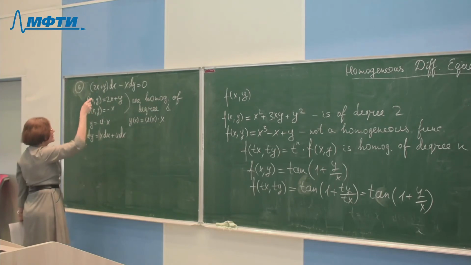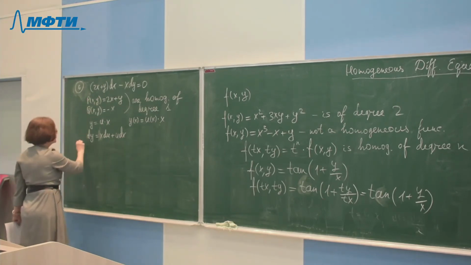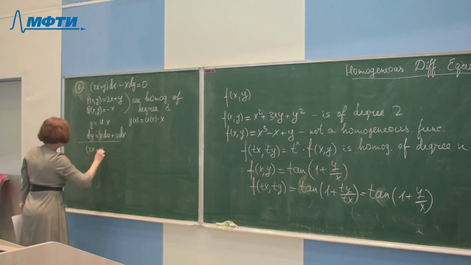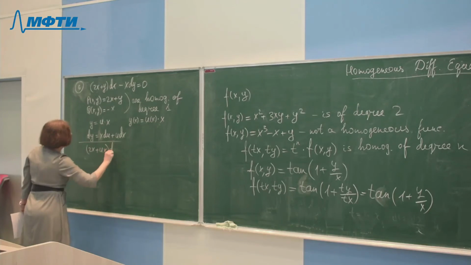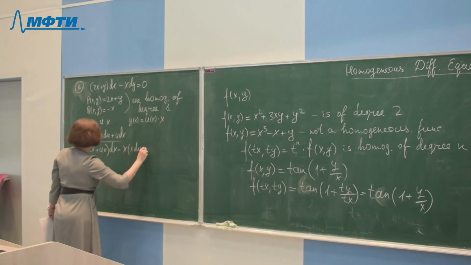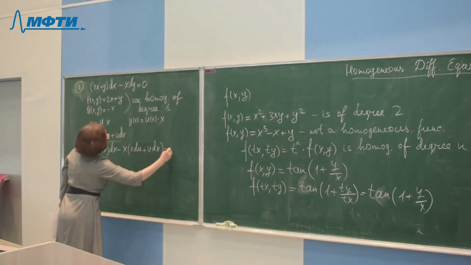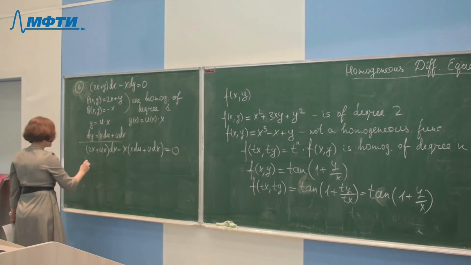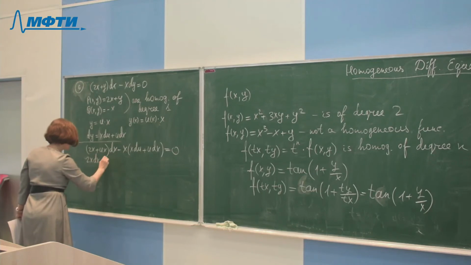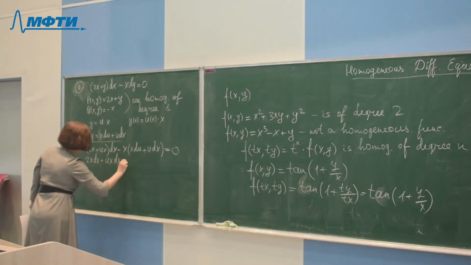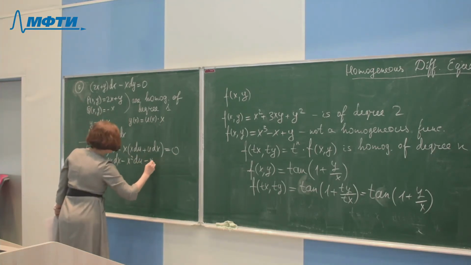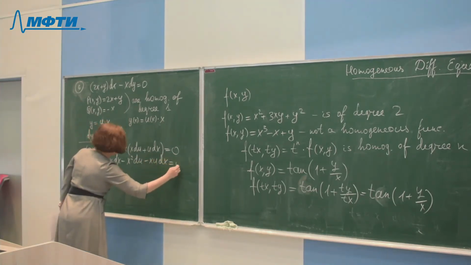Now we substitute this into our original equation, and we get (2x plus ux) dx minus x times (x du plus u dx) equals 0. We can expand and rewrite it in this form: minus x squared du minus xu dx equals 0.